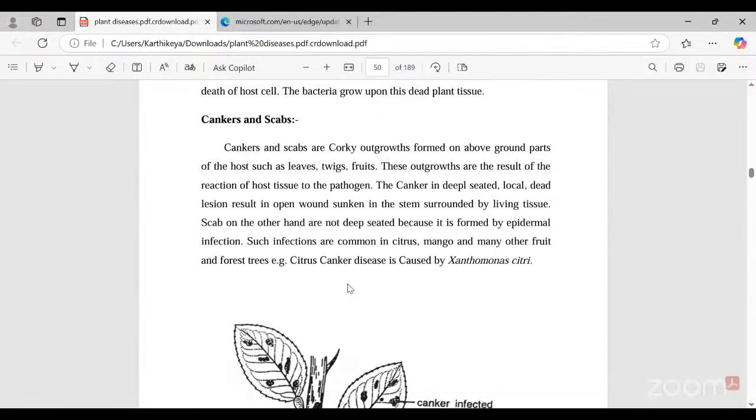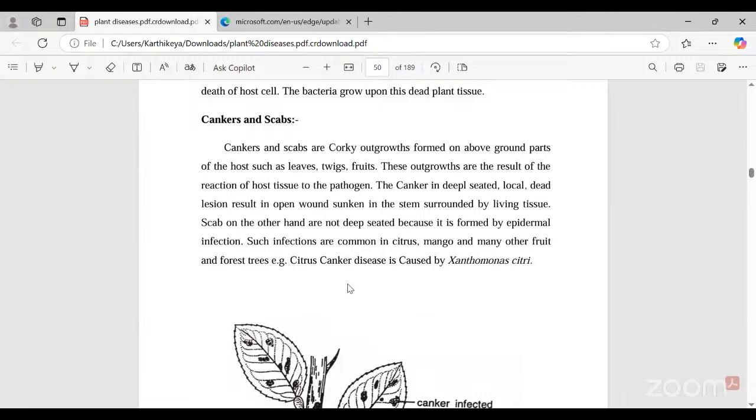Next one is the cankers and scabs. Citrus canker is the best example. Cankers and scabs are corky outgrowths formed on above-ground parts of the host, such as leaves, twigs, and fruit. These outgrowths are the result of the reaction of host tissue to the pathogen.